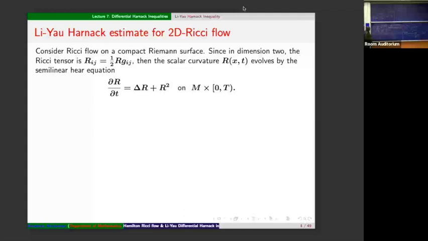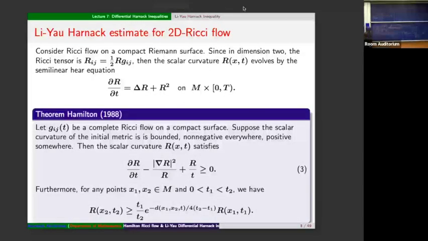So that is what we have on the board here. This is a Li-Yau Harnack inequality for two-dimensional Ricci flow. So you have this for a point x, and you can show the classical Harnack inequality satisfying this R at points (x2, t2), (x1, t1). So you have this.